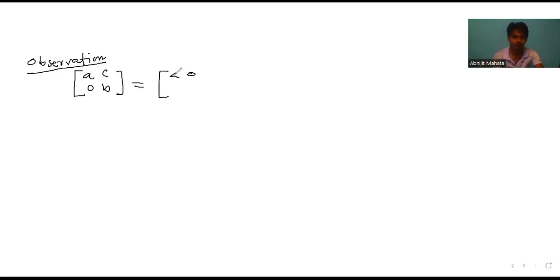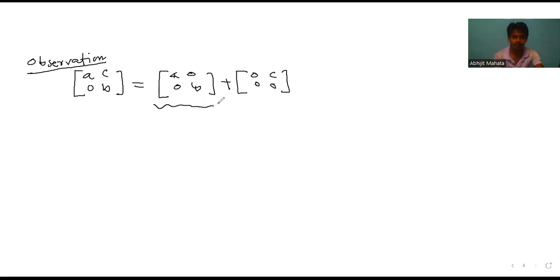Let me write here an observation: if you take an upper triangular matrix, for example 2 by 2, with A, B, C and 0. How can we represent an upper triangular matrix? We can write it as a sum of a diagonal matrix and a nilpotent matrix.